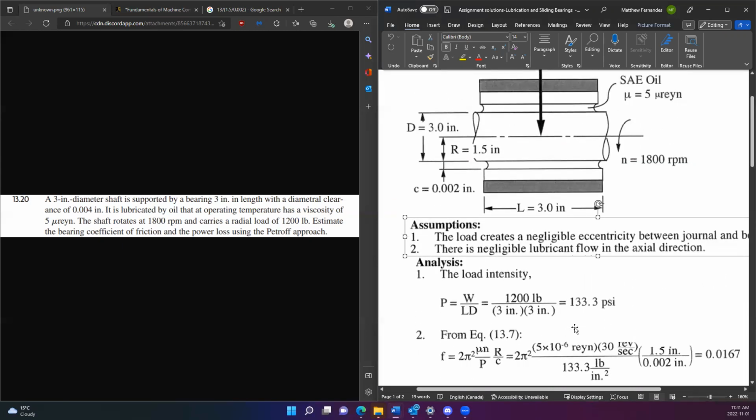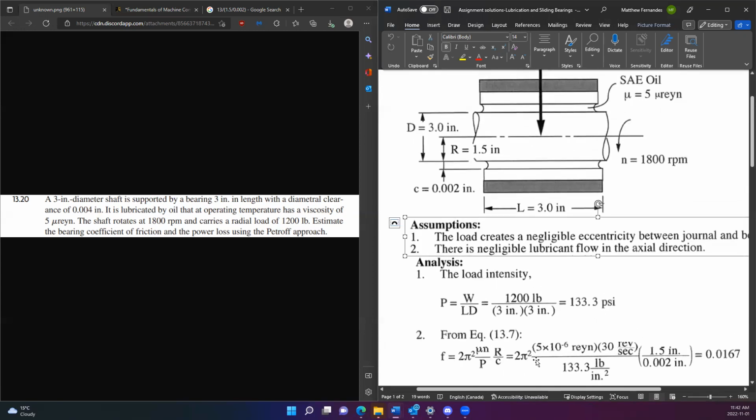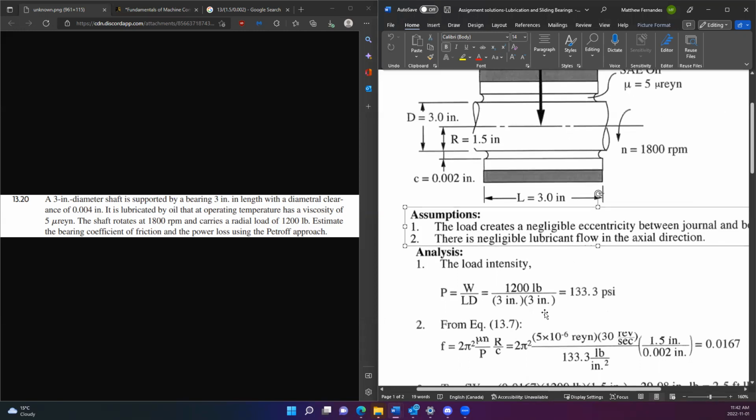Now we are going to use Petrov's equation for viscosity. So we have f equals 2 pi squared mu N over P times R over C. We have 5 times 10 to the -6 Reyn. This is a bit different from what you see here because this is a μReyn, so if you see micro, just do 10 to the -6.